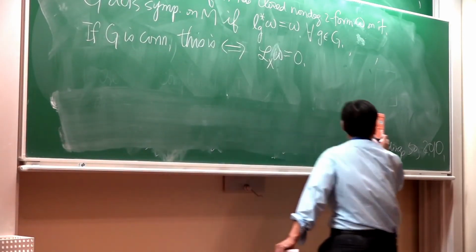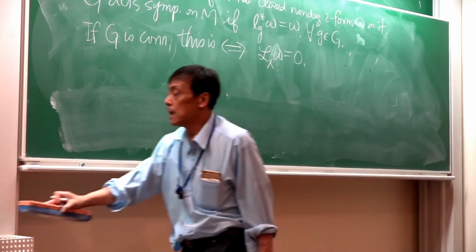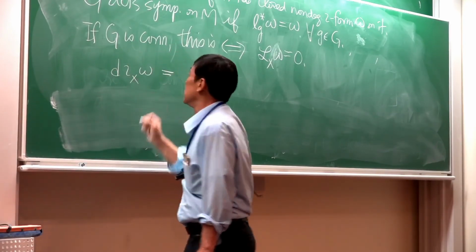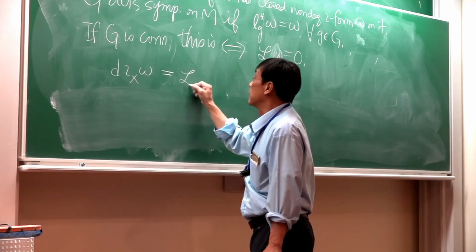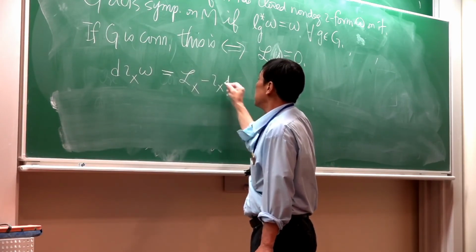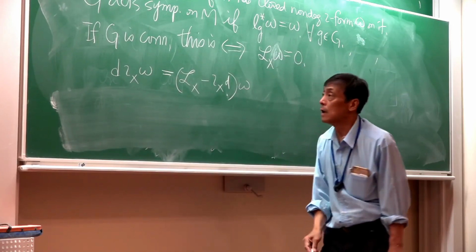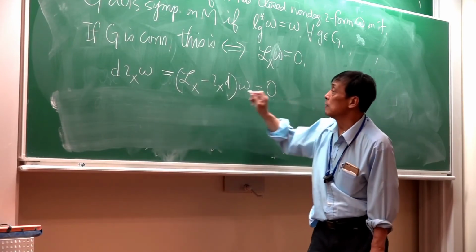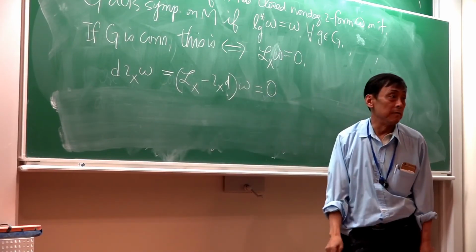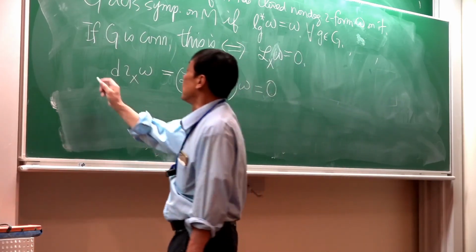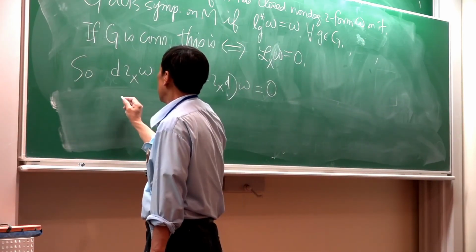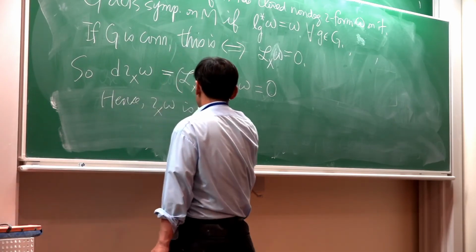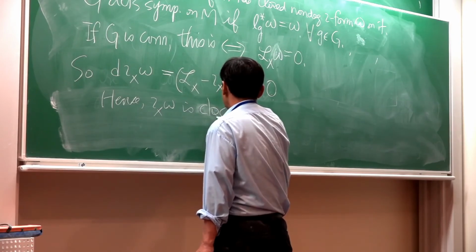Then you see d of I_X omega is L_X minus I_X d of omega. That will be 0 because L_X is 0 and d of omega is 0. So I_X omega is closed.